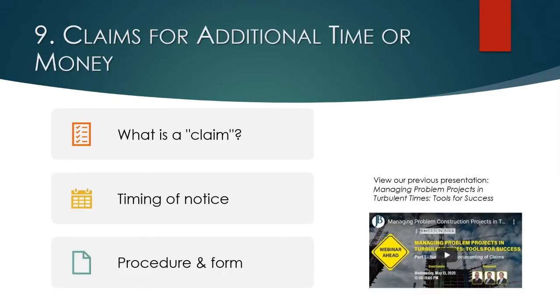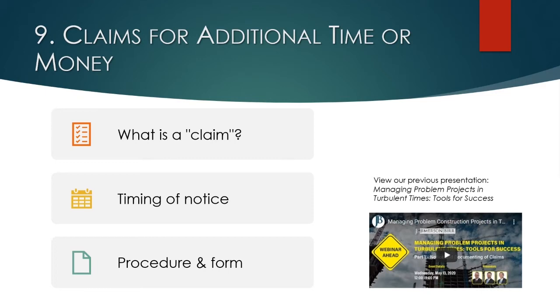Our next topic that should be covered in your contracts is claims for additional time and money. Joby covered this somewhat in his prior slides, so we'll breeze through it. But the issue that you can address in your contract is, what constitutes a claim, and then when a claim does arise, do you have to provide notice?